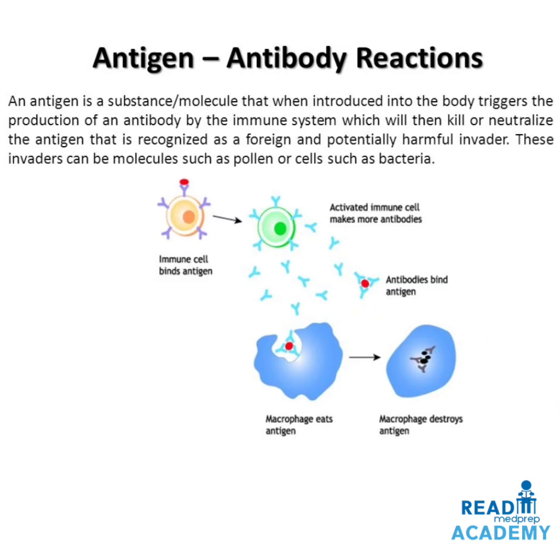In the image below you can see the immune cell binds with the antigen, and the activated immune cell makes more antibodies through the plasma cell, and the antibody and the antigen bind together. That is the first stage. The antigen and the antibody are easily recognized by the macrophages and they are devoured. And in the third stage, the macrophage destroys the antigen by phagocytosis, by lysis of the antigens.